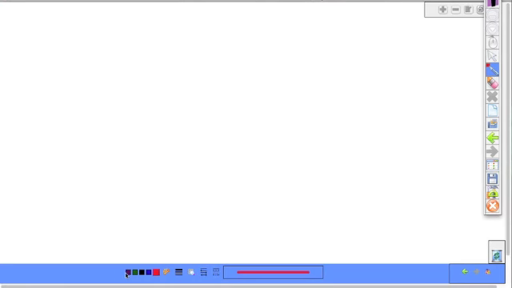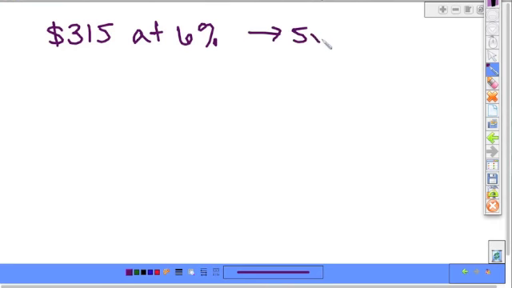Let's say that you have $315 borrowed at a 6% interest, and this is going to go over 5 years. Okay, interest equals principal times rate times time. Interest we don't know.